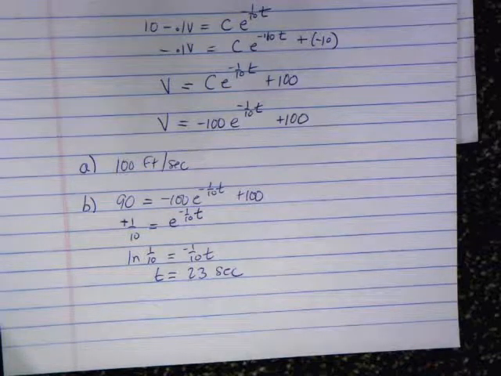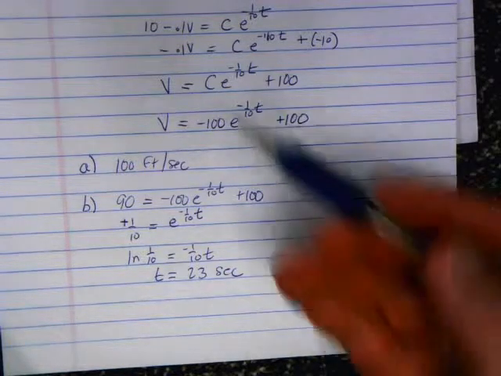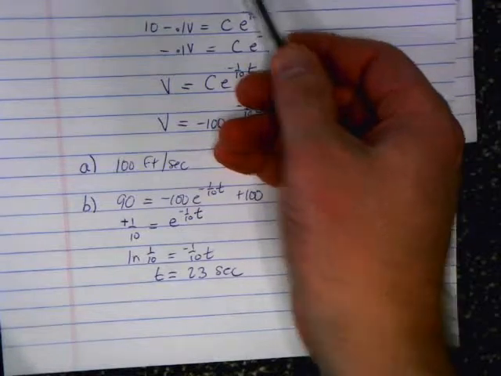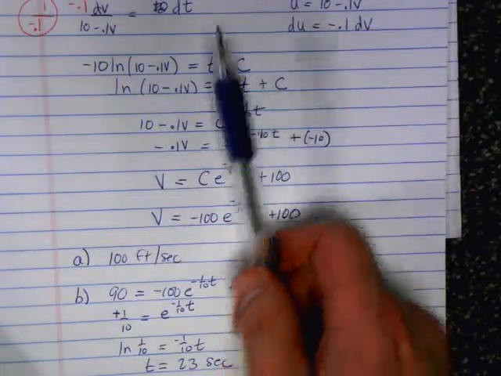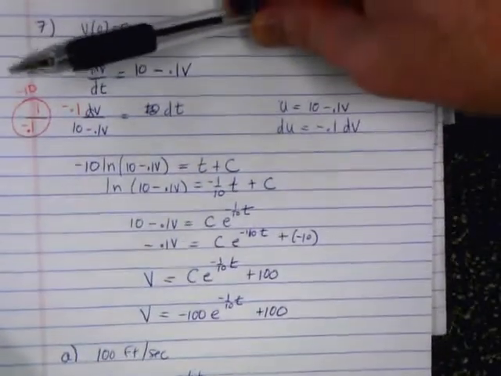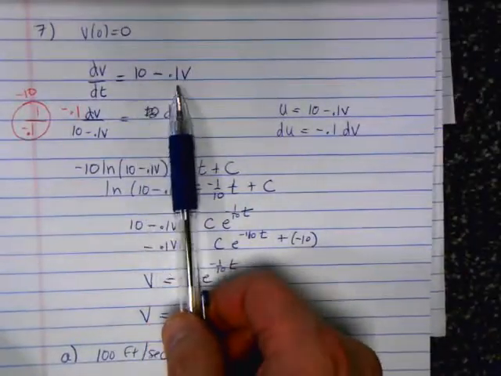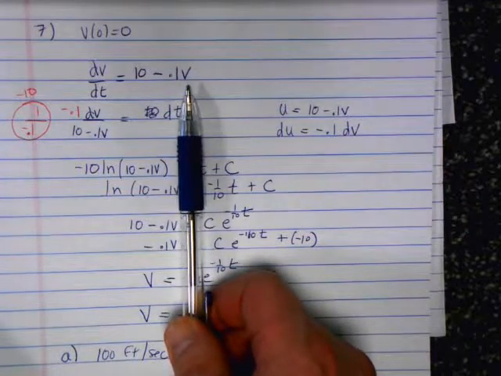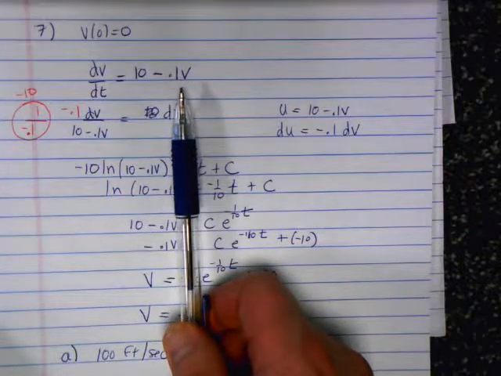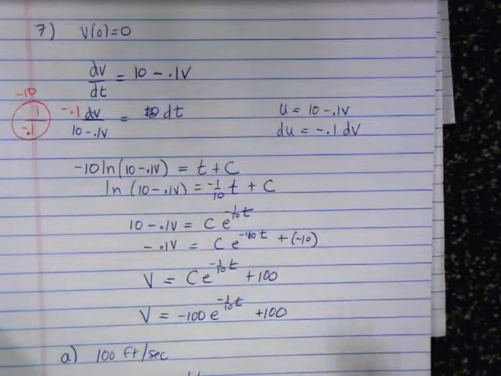Our acceleration is not constant. Our acceleration is 10 feet per second squared minus 0.1 times whatever our velocity is. You have to integrate the velocity to get position.